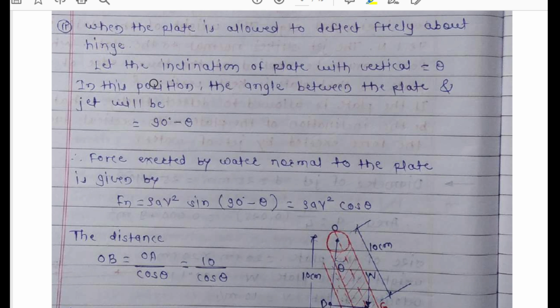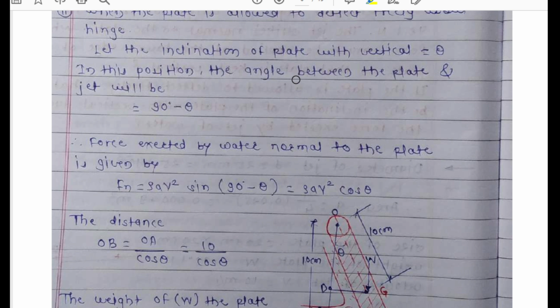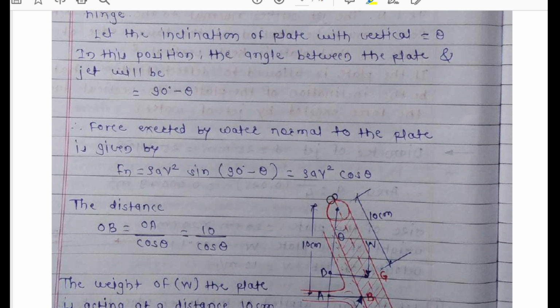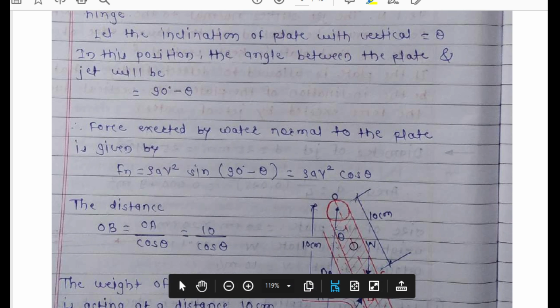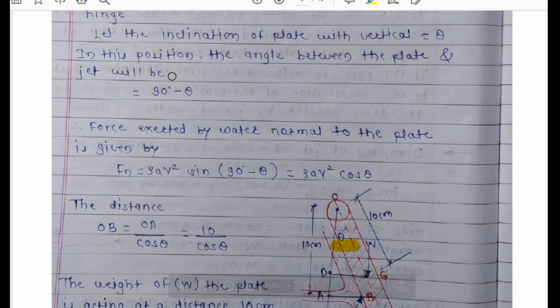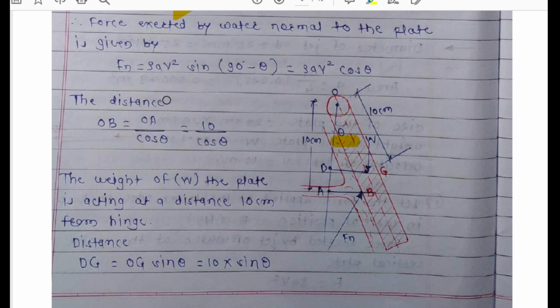Let the inclination of the plate with the vertical be theta. This angle is theta. In this position, the angle between plate and jet will be 90 minus theta. These things I have already explained.